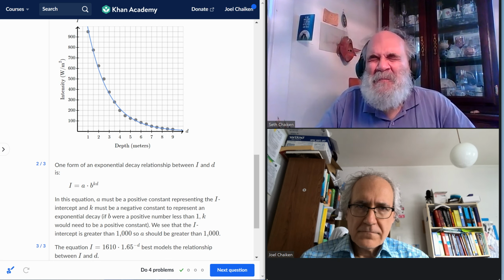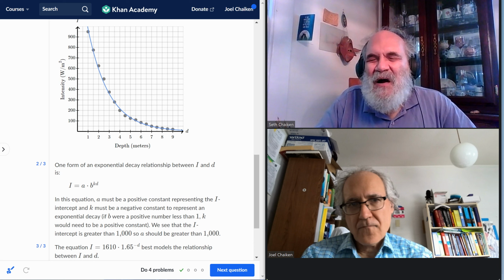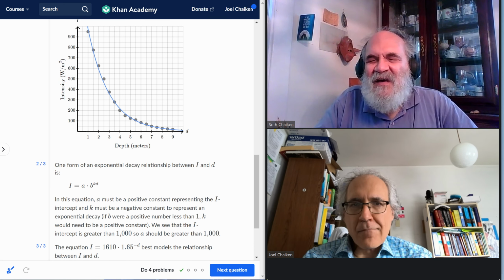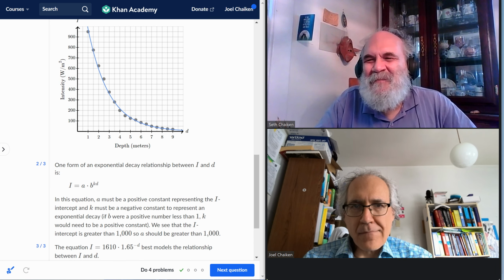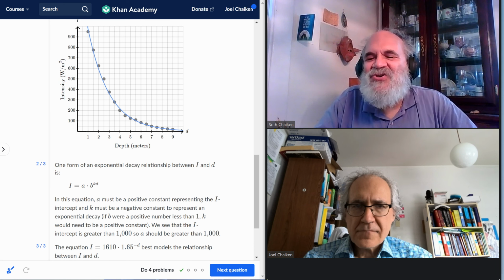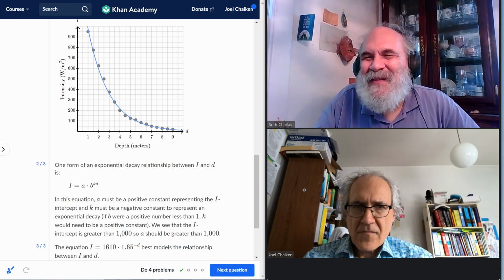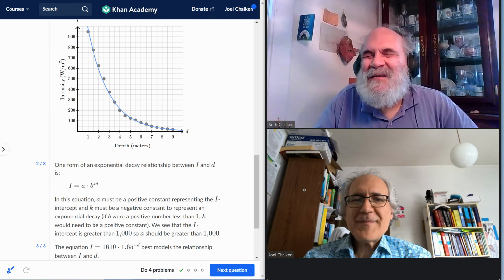Multiplying by b to the 1/2 multiplies it partially through. It multiplies it in such a way that if you multiplied it by b to the 1/2 again, you get it multiplied by b.